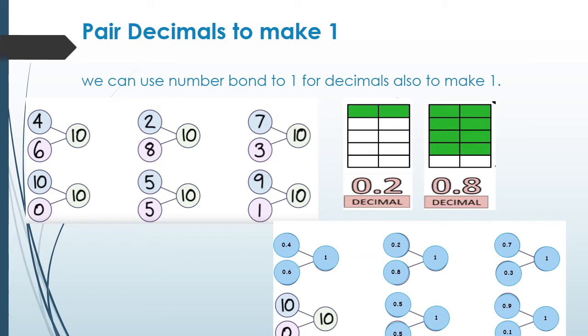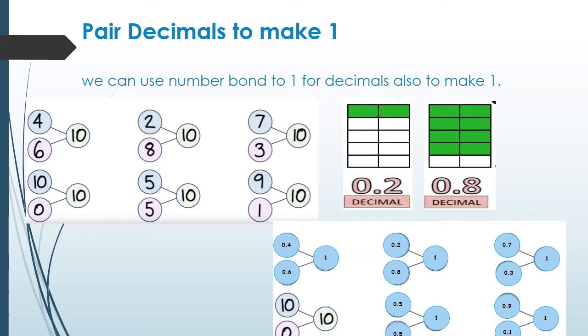Okay, what if I take 2/10 as a decimal, like in this picture you can see, and 8/10 also as a decimal, and I add these two together? It gives me 1 whole. This rectangle, if I add these two rectangles together, the result is all green, so this is 1 whole.